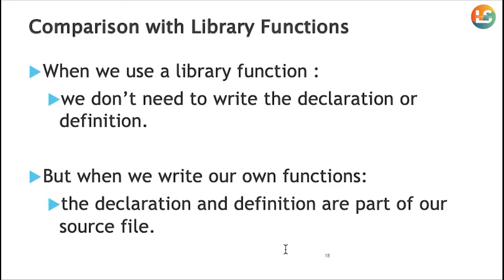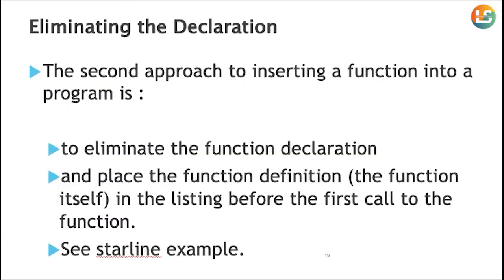As I have said earlier, there is one possibility in which you can skip the declaration. If you want to skip the declaration, then the only possibility is that you have to define your function before its calling. We can consider the same example.